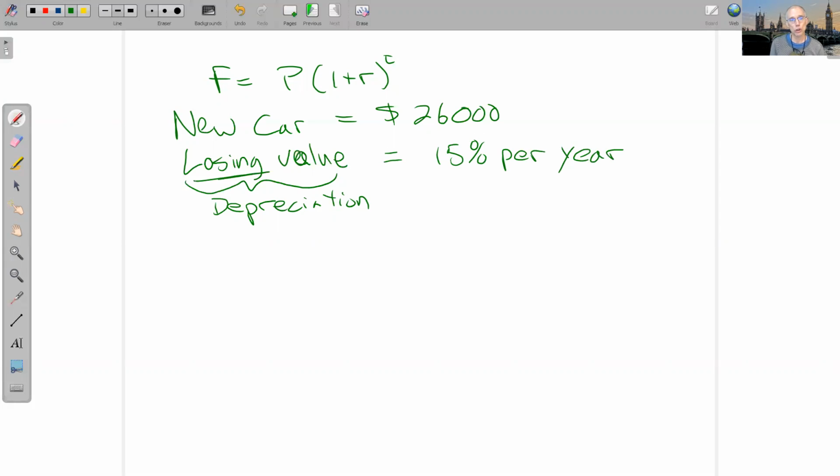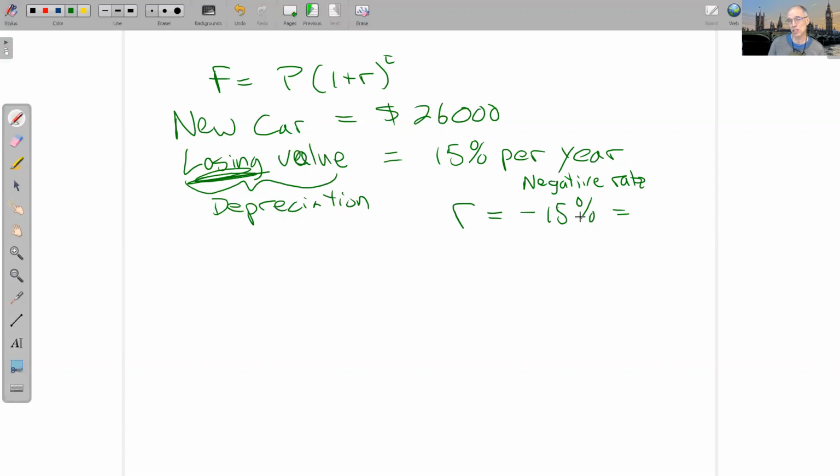Now, since we're losing value instead of gaining money, like in a savings account, that means our rate, R, is negative 15%. So negative rate. 15% as a decimal.